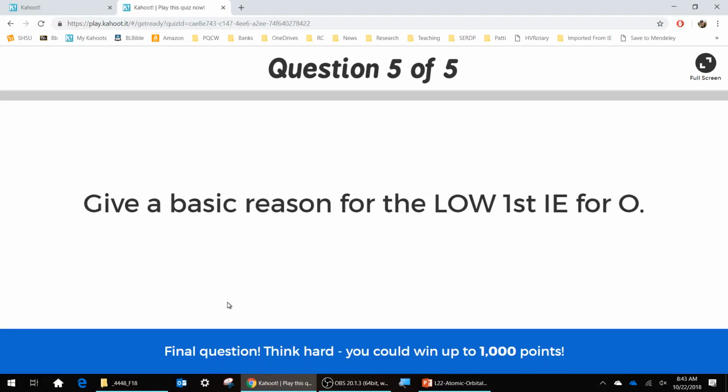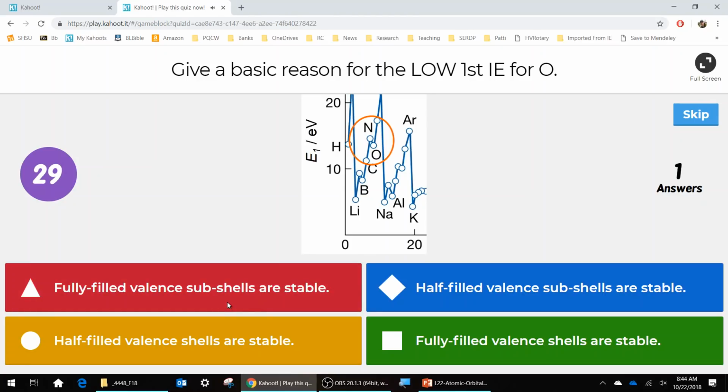And then lastly, give the reason for the low first ionization energy for oxygen.